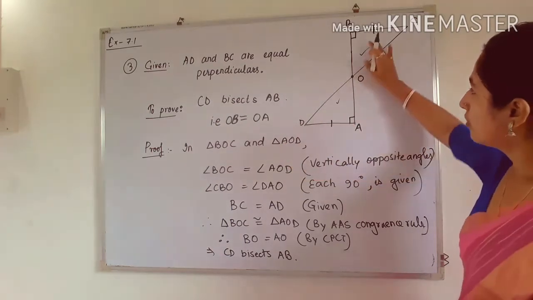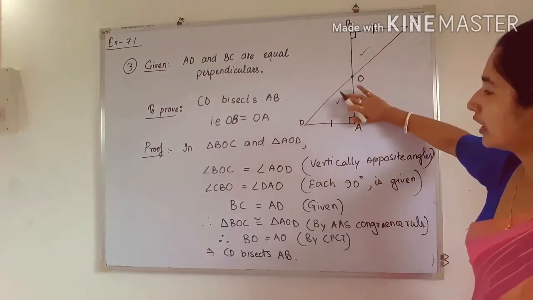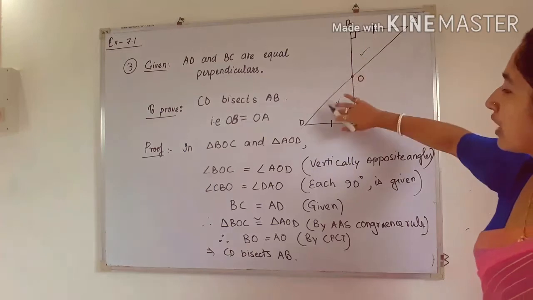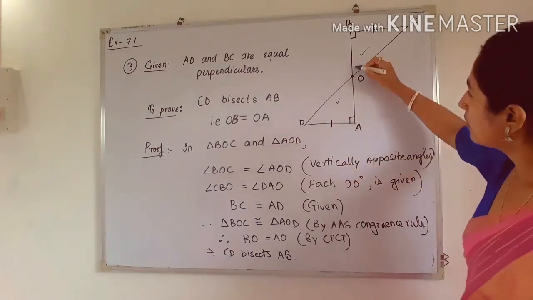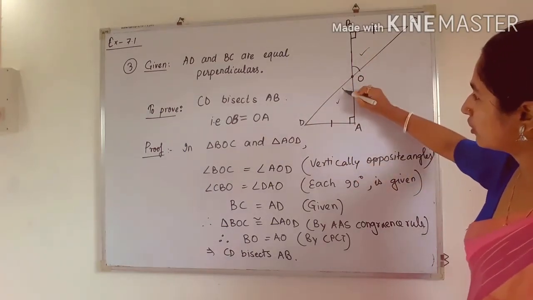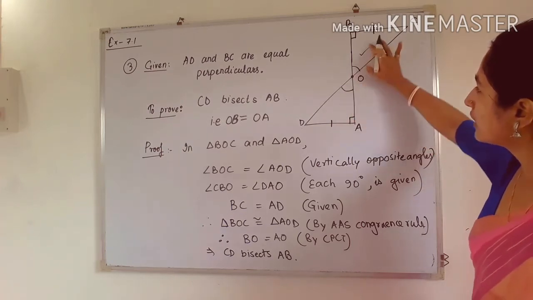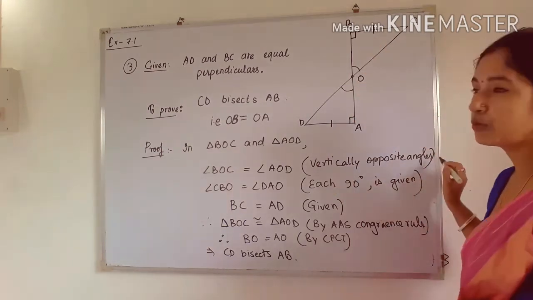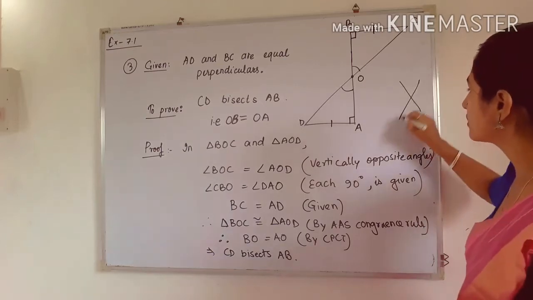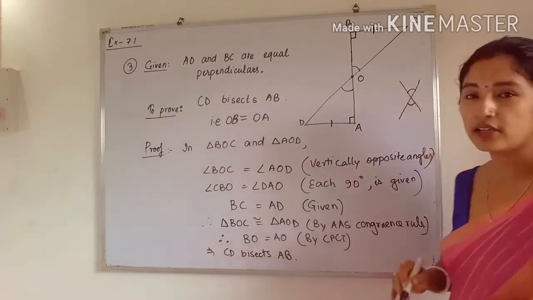So we have to take these two triangles, triangle BOC and triangle AOD. In these two triangles, see what is equal? Angle BOC is equal to angle AOD. That means this angle is equal. Why are they equal? Because they are vertically opposite angles. Already I told you, when two lines intersect, vertically opposite angles are equal.